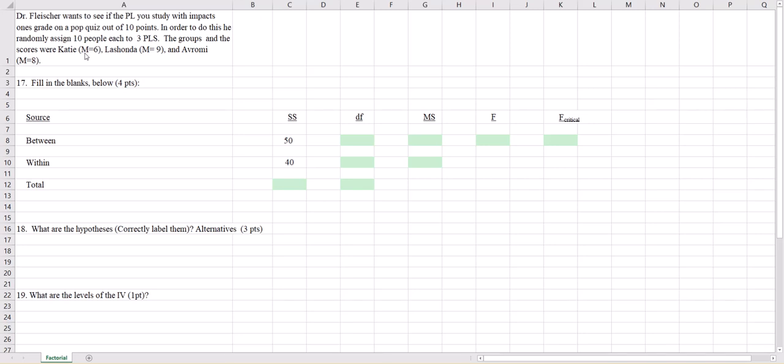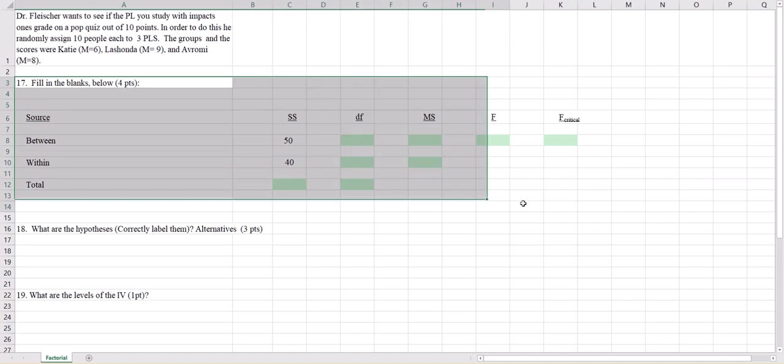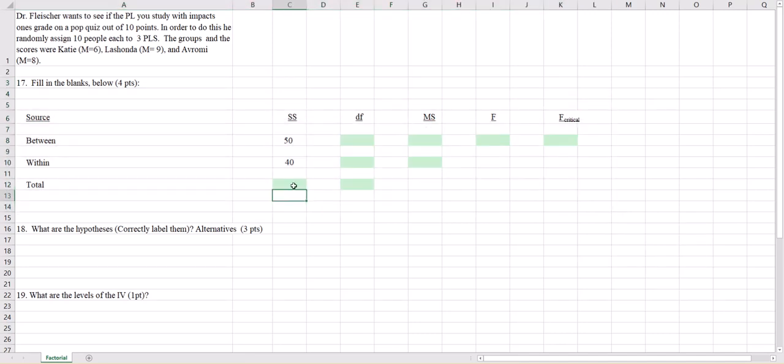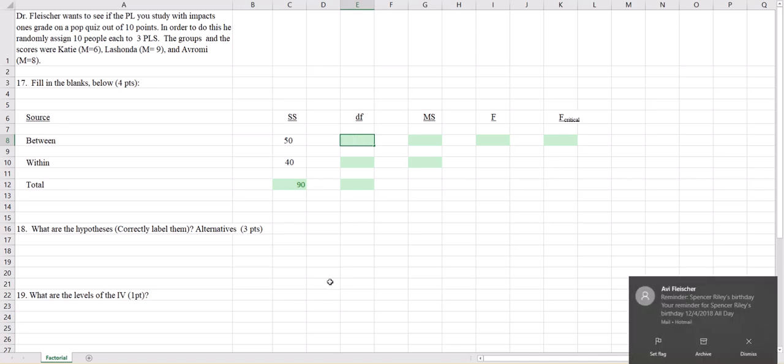Alright, now let's take a look at and attack the table down here. So by our rules, we know that sums of squared between plus within equals total. So we can fill that with 90. Our degrees of freedom is going to be k minus 1. And we have 3 PLs, so it's going to be 2.